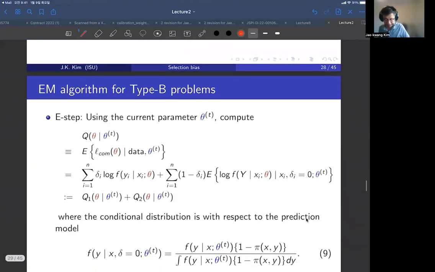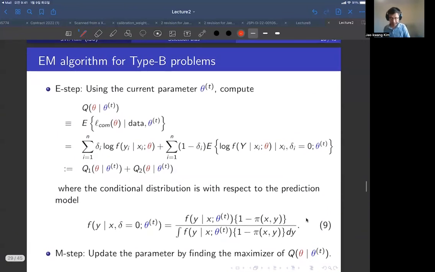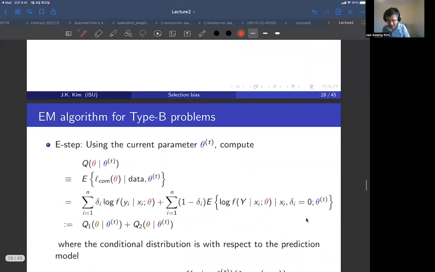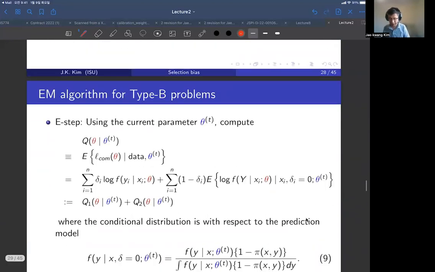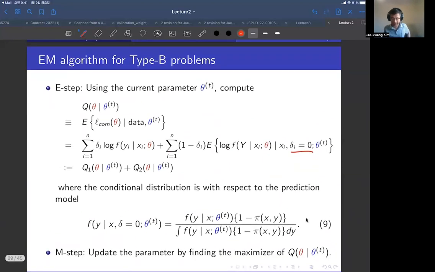But if we don't observe Y for delta equal to 0, then we need to compute the conditional expectation. That is the E step, using the current parameter value.